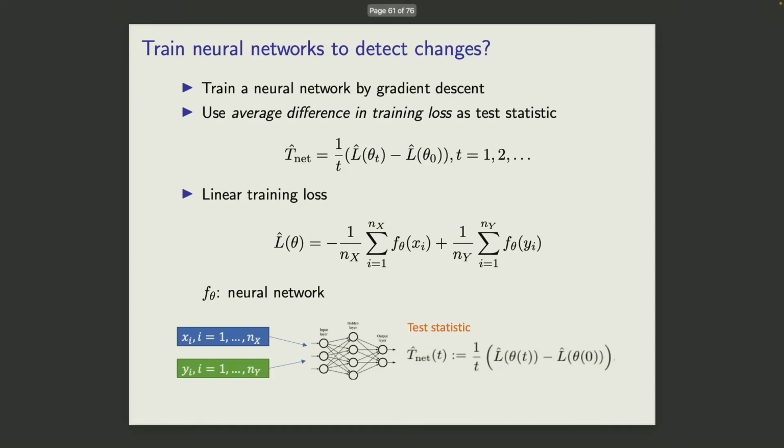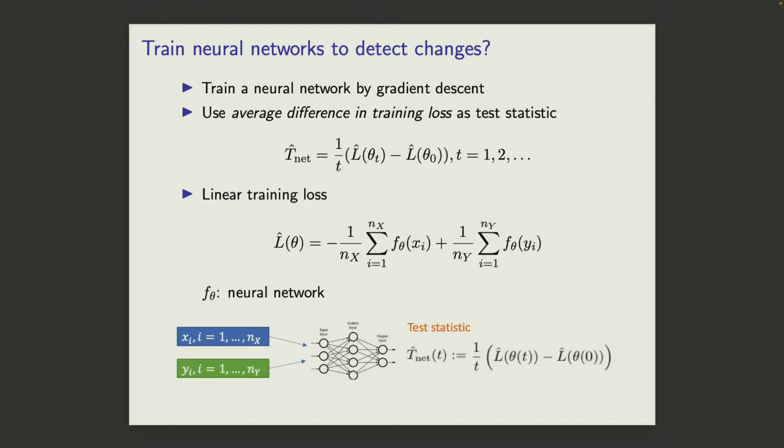So another thing that we're trying to do now is, can we try to use a neural network to detect changes? This is the question we're always wondering about: how to leverage neural networks to do hypothesis tests. We find that there's one construction that can possibly achieve our goal, which is to consider training a neural network where the loss is designed as a particular kind of loss, which is the linear divergence between the two classes.